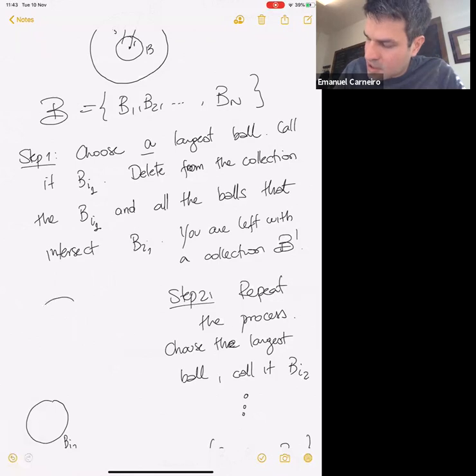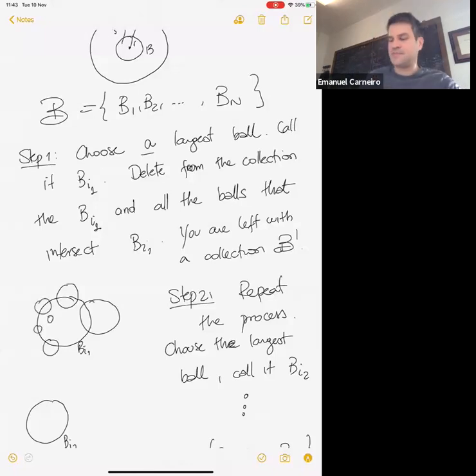Okay, so I will choose the largest ball, BI1. And I will remove all the balls in the collection that intersect this ball BI1. Okay. I will remove all of them. The observation is that since the ball that you took has the largest radius at that time, all the balls that intersect it will be contained in the ball with the same center and radius 3 times.